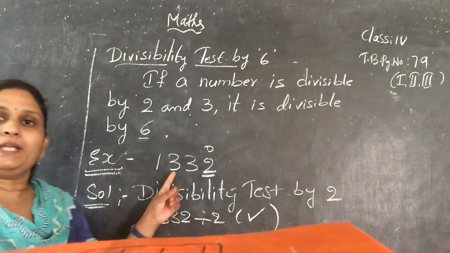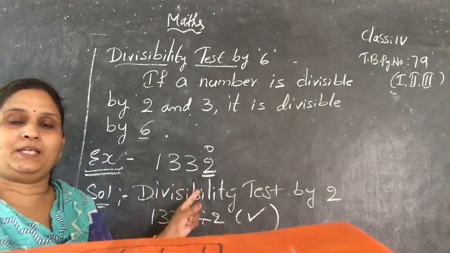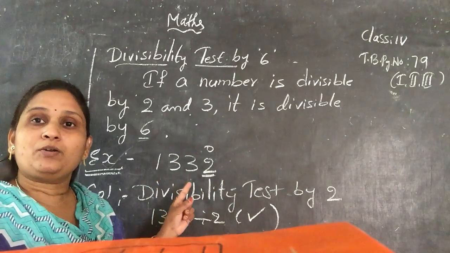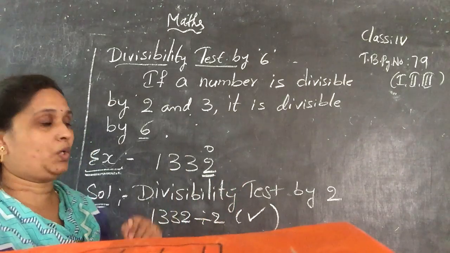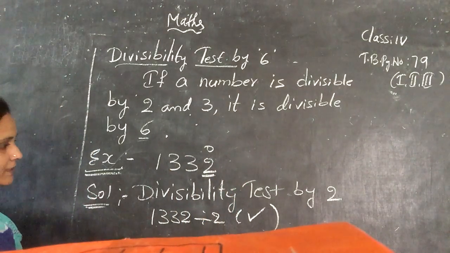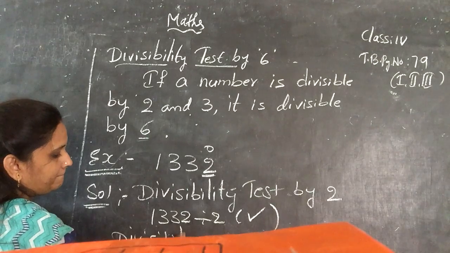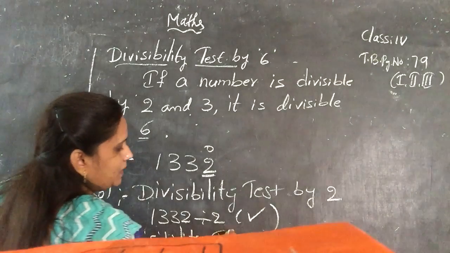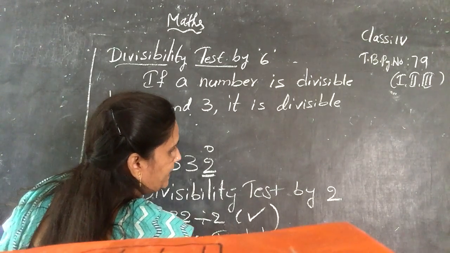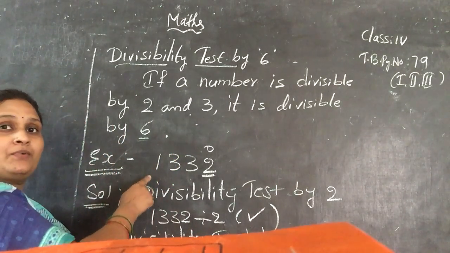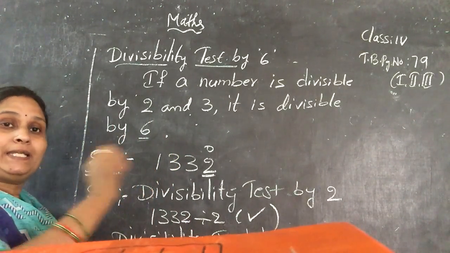Now what is the divisibility test by 3? What is the rule for that? First, add all the digits of the given number. Second, divisibility test by 3. For that, add the total of all the digits.